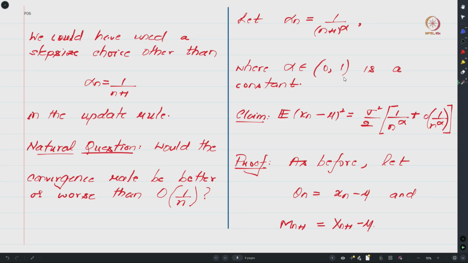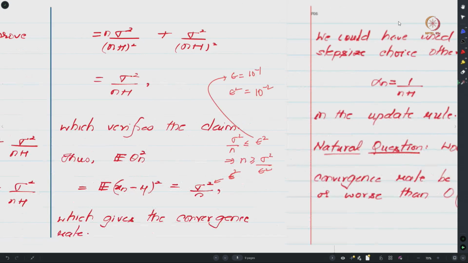Now observe this quantity over here compared to 1 over n plus 1. If alpha is strictly less than 1, then this step size sequence decays slower, while 1 over n plus 1 decays faster, which means your step sizes are going to 0 much faster.